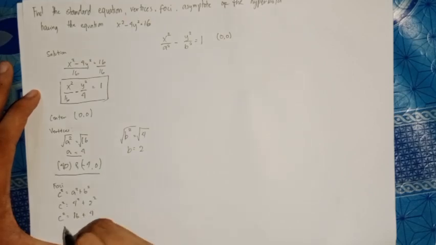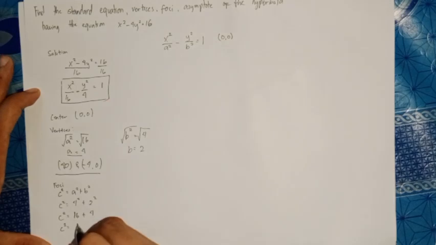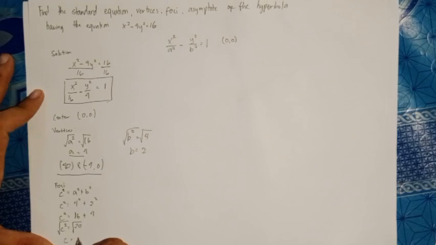So c squared is equal to 16 plus 4, which is 20. Taking the square root, c is equal to the square root of 20, which is 2 square root of 5. This is now the value of c.